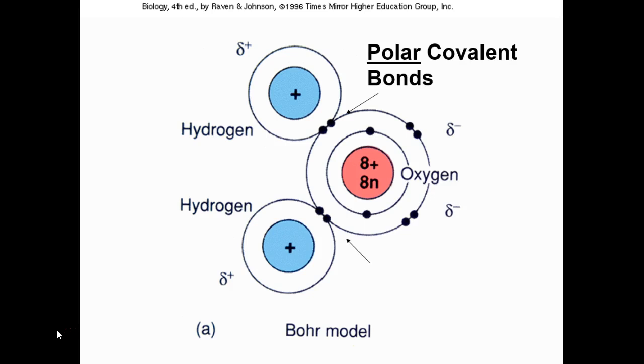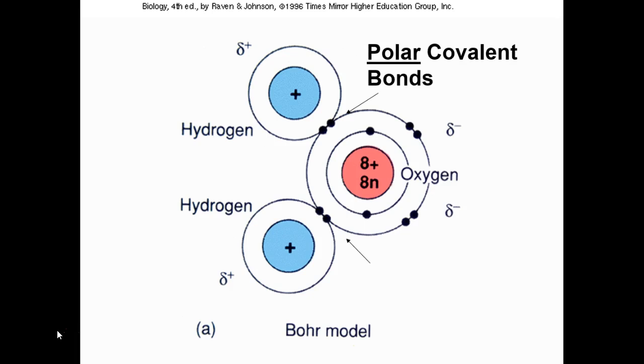Same with molecular oxygen. They're sharing two pairs of electrons. They have the same electronegativity, and so those electrons are going to spend equal time. They're going to be equally shared between those two atoms. When you get two elements that form a covalent bond where there is a significant difference in electronegativity, then you get this unequal sharing of electrons.